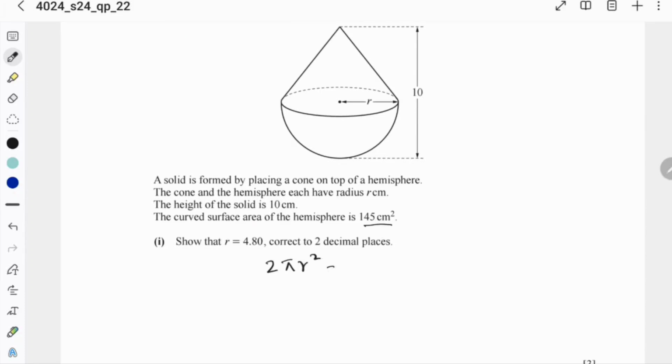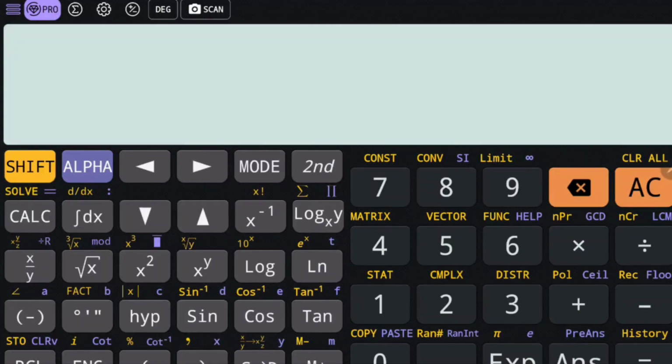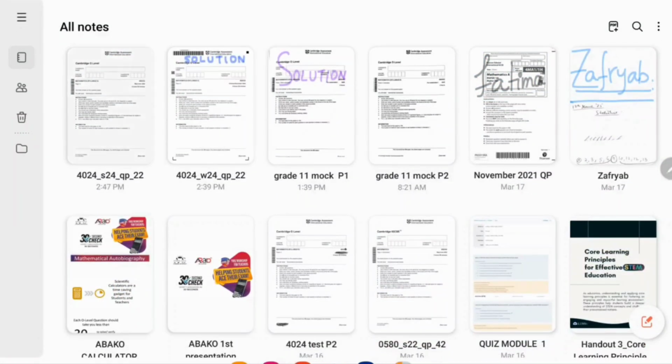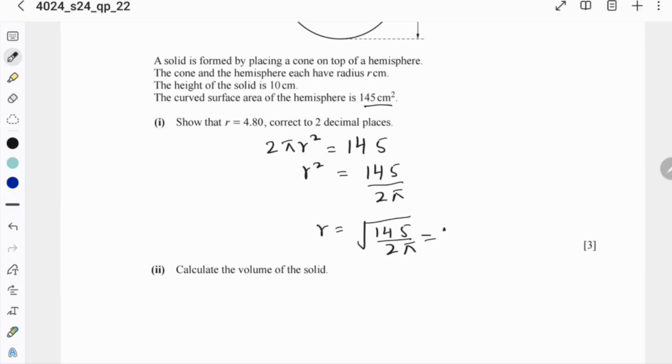Now r squared equals 145 divided by 2 pi, and then you can take the square root. r equals the square root of 145 divided by 2 pi, which is 4.803. 4.803 is approximately 4.8 centimeters.